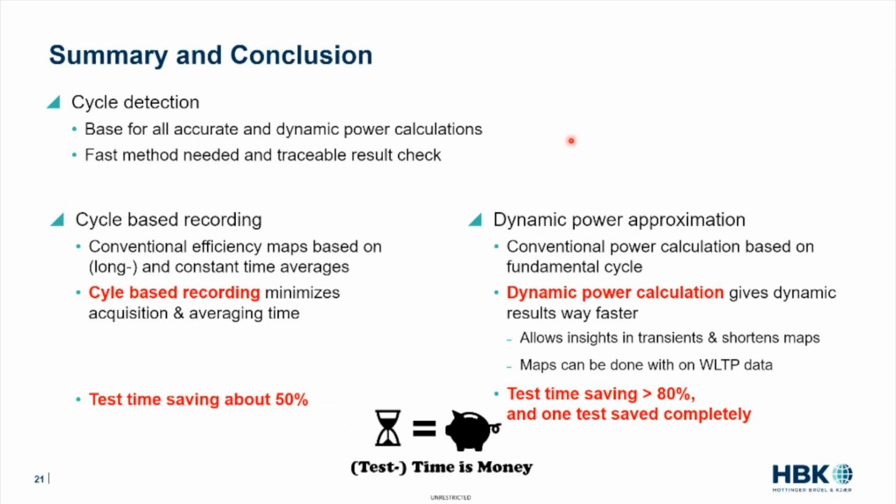Especially the insights into transients are extremely valuable because we can argue it's not as accurate in a steady state, but it gives you data which shows you the transient, whereas a conventional power analyzer does not give you any data. So you might have data which is only 98% accurate, but in the other case, you don't get any data.